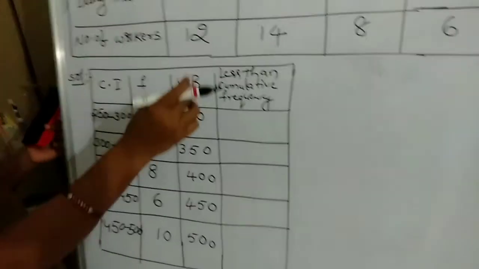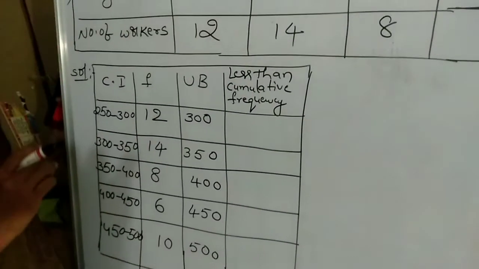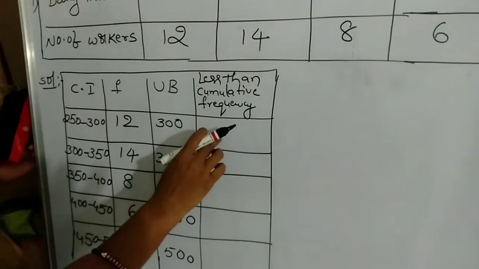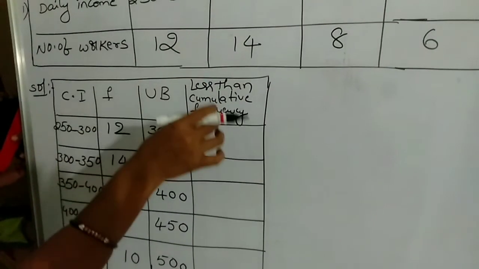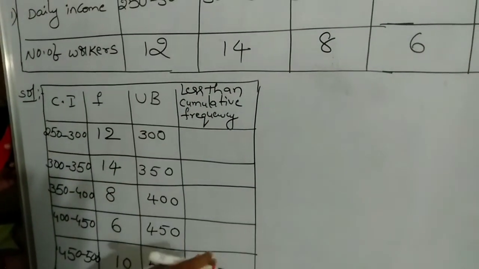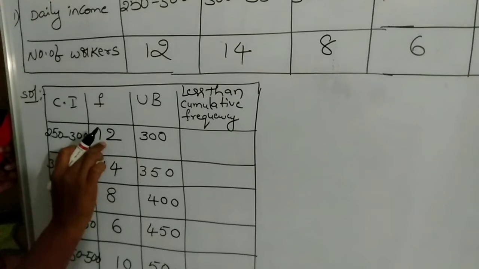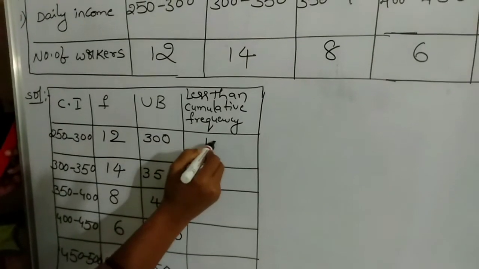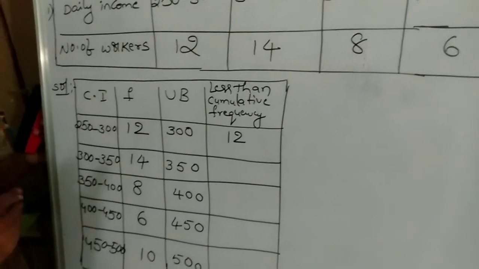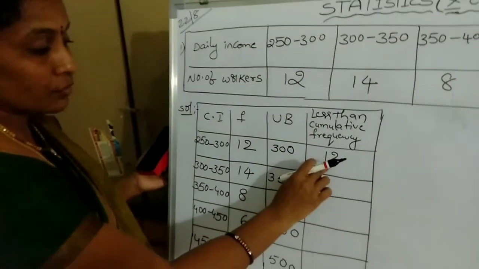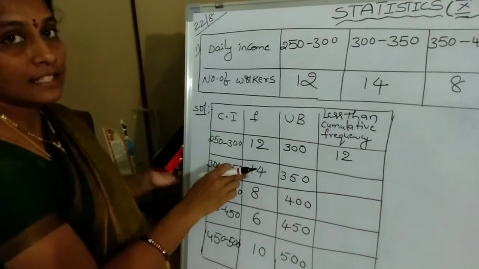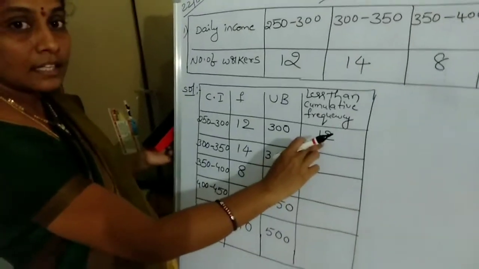Next we can construct the less than cumulative frequency. In this, you add all the frequencies from top to bottom. First of all, you write the first frequency as it is in the first row. After that, add this first frequency to the next frequency. What is the first frequency? Yes, 12.